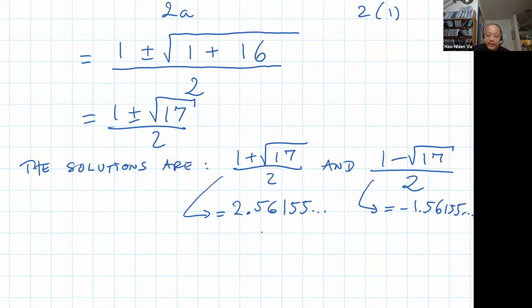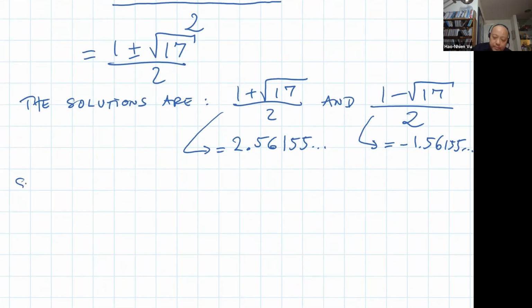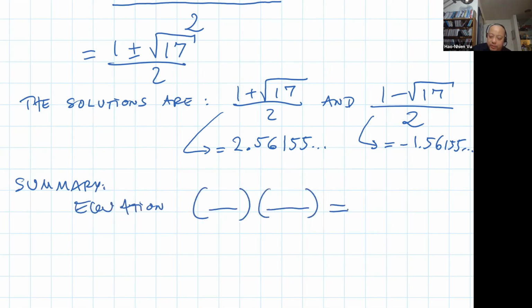And that's why a key step is to expand out, make the right-hand side 0, then either factor or use the quadratic formula. So let's write the summary. Something times something is equal to a number g that's not 0.